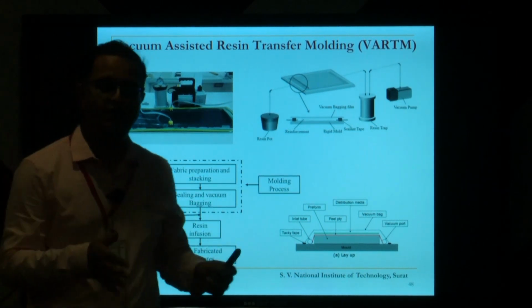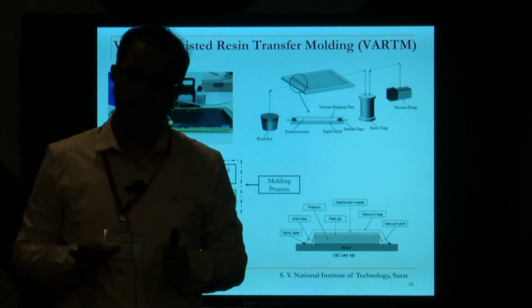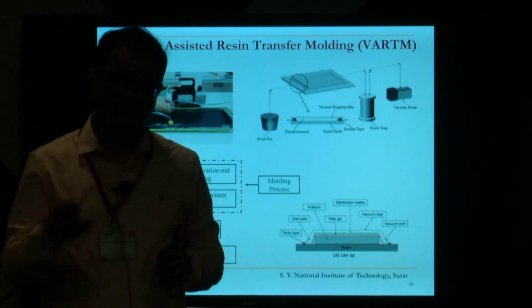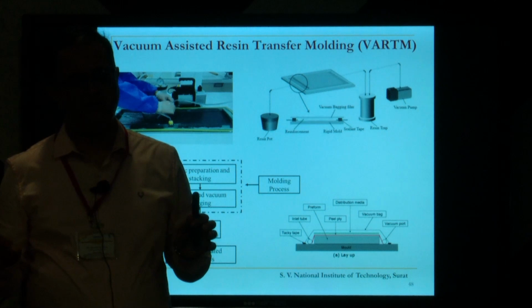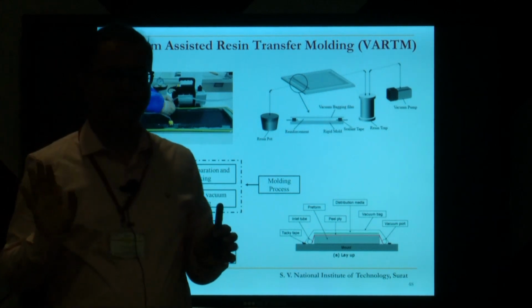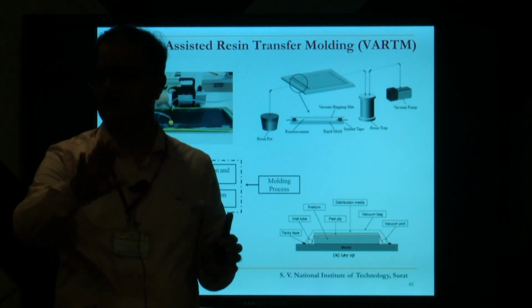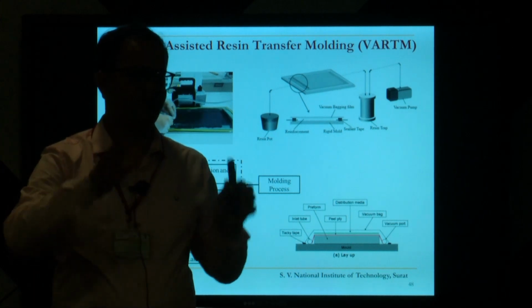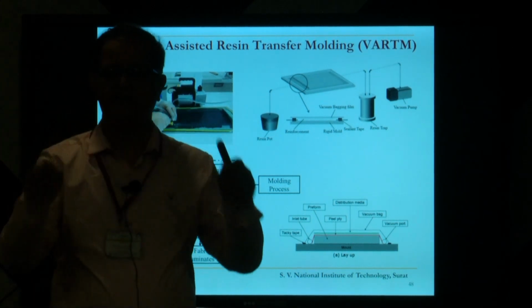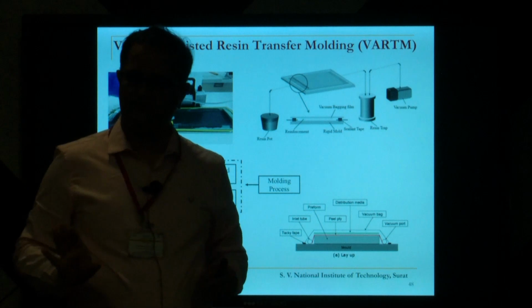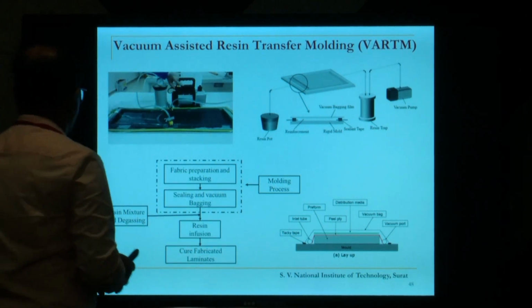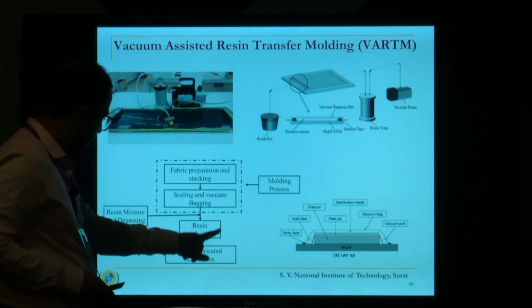I do not need to have a prefabricated mold. If I want to have a flat part, I do not need anything. Okay, this table can be used for creating the part. I just place a plastic, then place the fibers, another plastic, seal it well, remove the air, my mold is ready. Then in this case I need to infuse the resin.